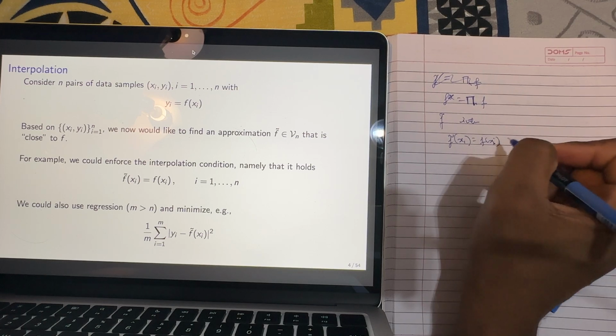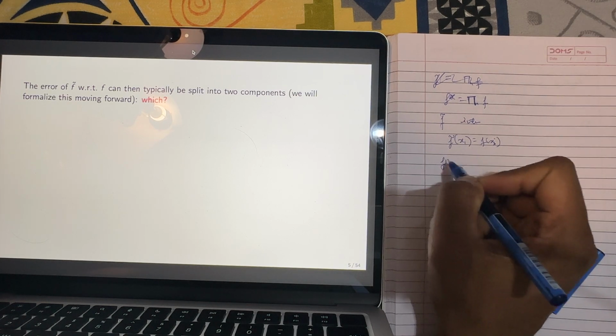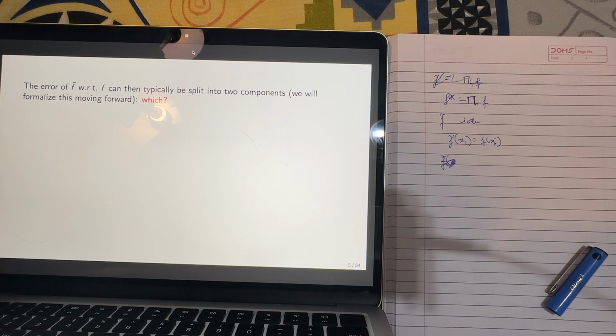That's all we know about the function, right? That's why the f tilde error can be split into two components.